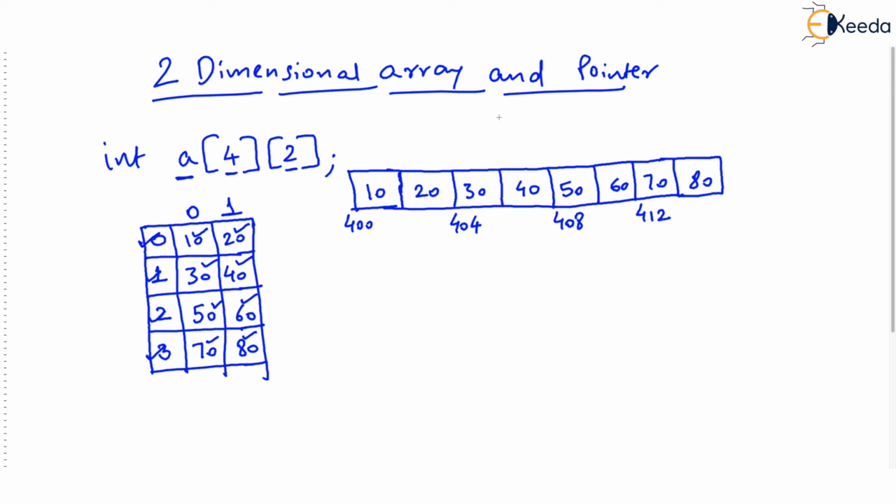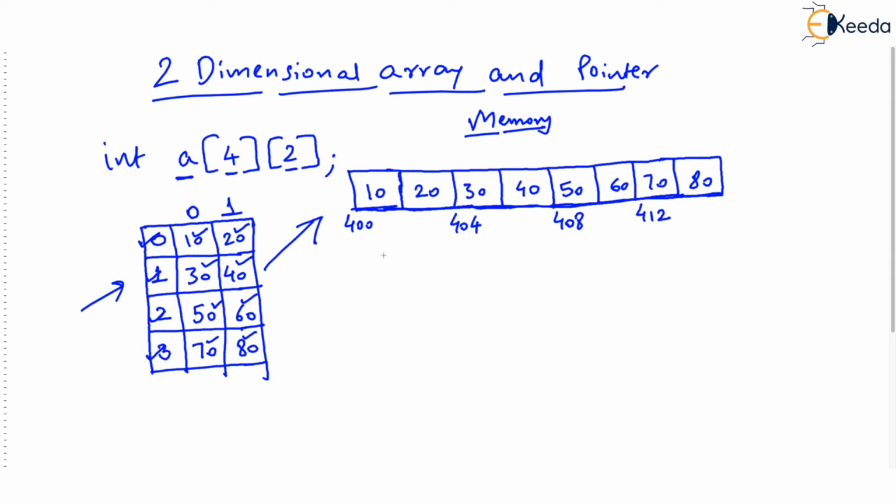But in the memory of the machine, this two-dimensional array is stored as a sequence of bytes. Please understand that in the memory there is nothing called row and column, or a rectangular structure like this. So all values are stored one after the other.